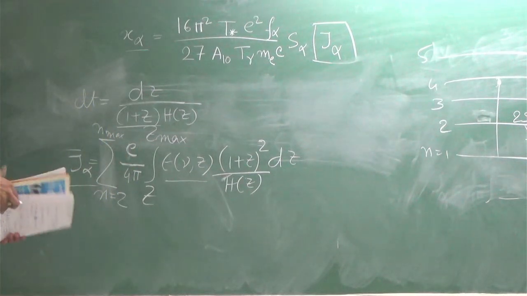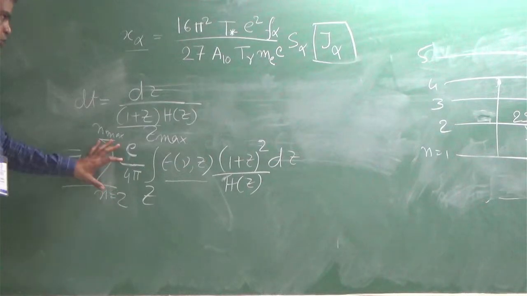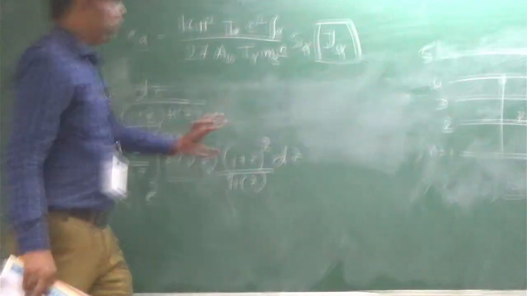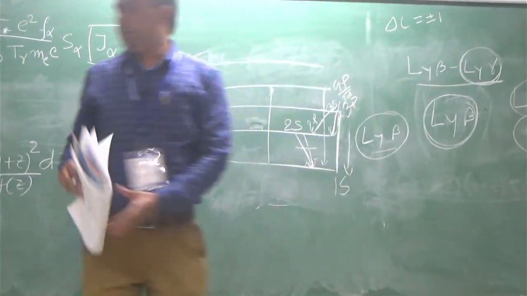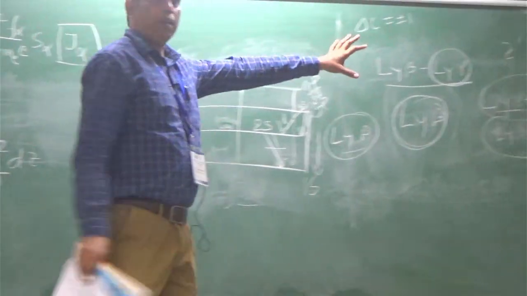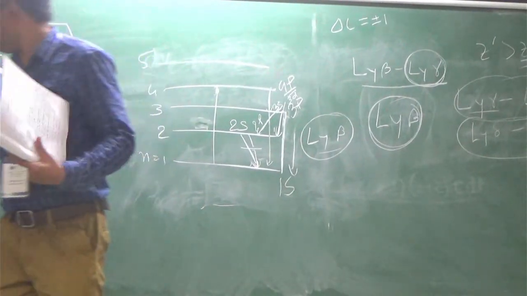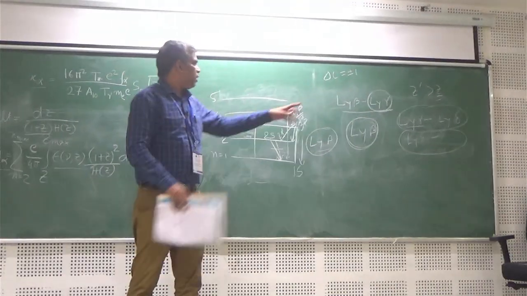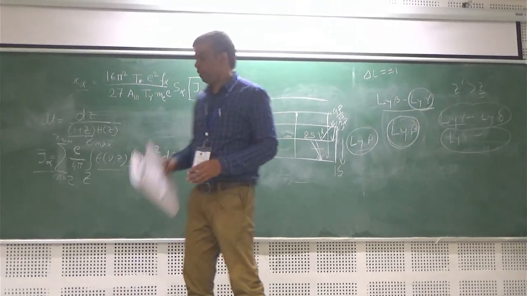So for each n, it corresponds to one band. For example, n equal to 2 corresponds to Lyman alpha, Lyman beta band. N equal to 3 corresponds to Lyman beta, Lyman gamma band. N equal to 4 corresponds to Lyman gamma, Lyman delta band.